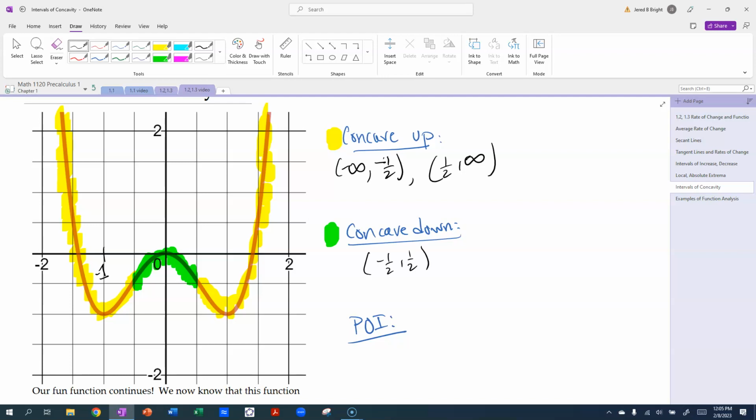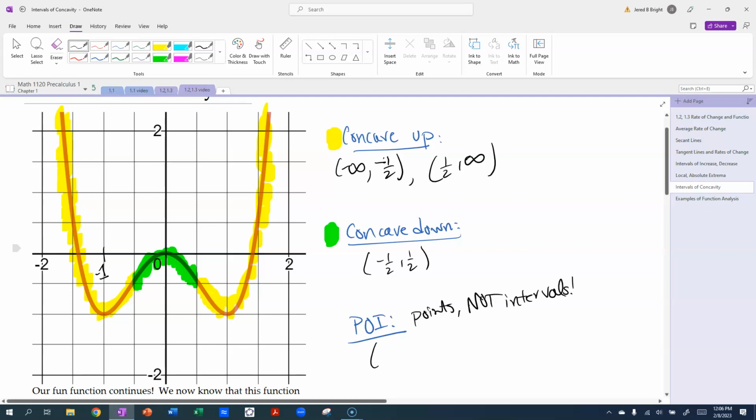Okay? And the points where it transitions from concave down to concave up, again, that's our point of inflection. And so what we would write these as is literal points. So these are points, not intervals, okay? So I know with concavity we use interval notation, but points of inflection are literal XY points.